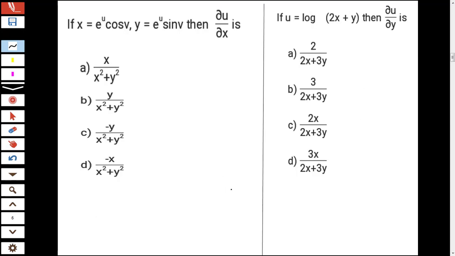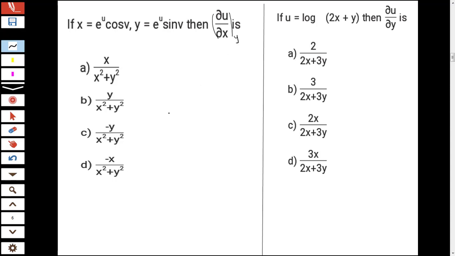Next we have similar, x is equal to e raised to u cos v and y is equal to e raised to u sin v. And the question is to find dabba u by dabba x, obviously by treating y constant.